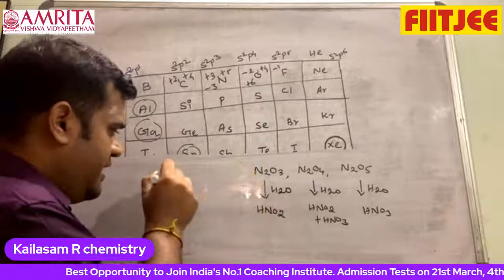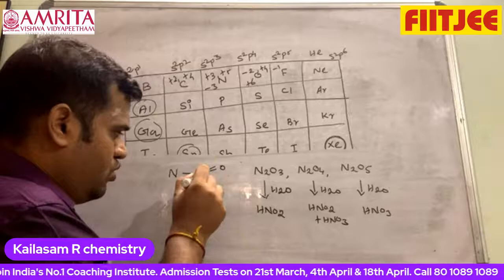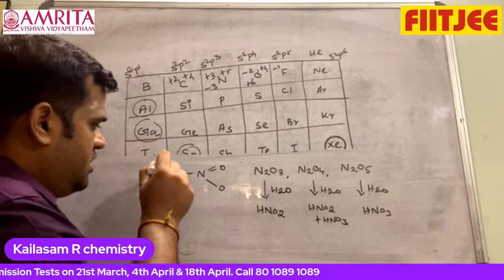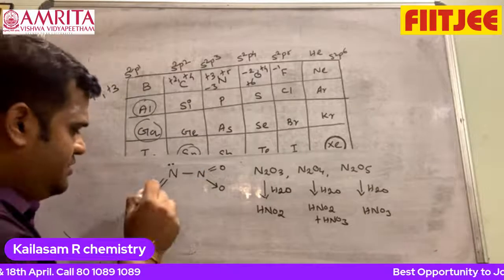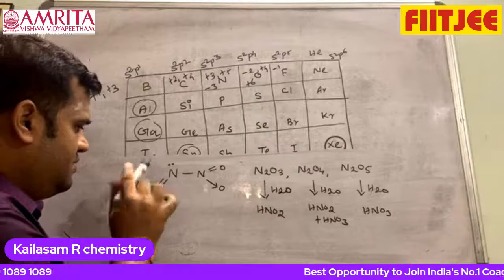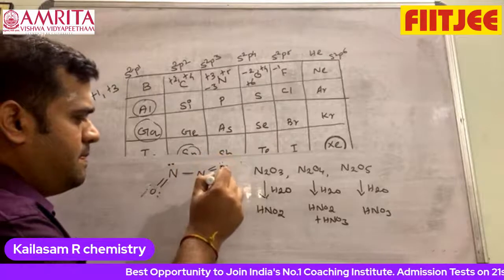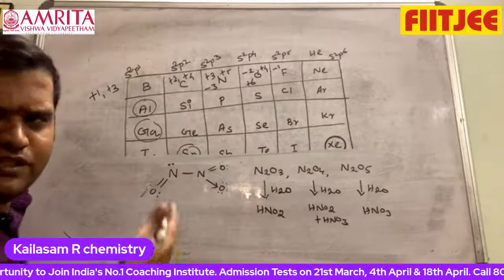I am drawing N, a bond to N, a double bond to O, a bond to O. That's all. This is the structure of N2O3.